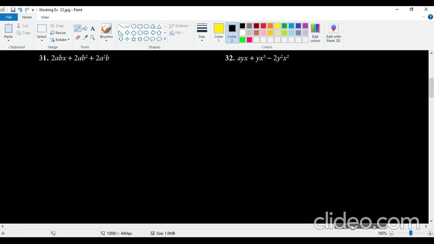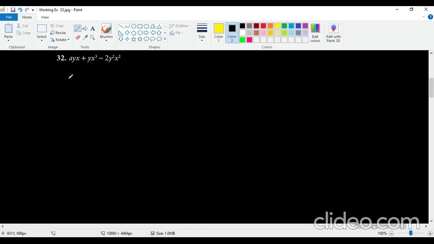For question number 31, 2a and b is common in all of them, so remaining is going to be x plus b plus a as another factor. It seems this is the shortest exercise in all the exercises that I have made so far, because this was quick.